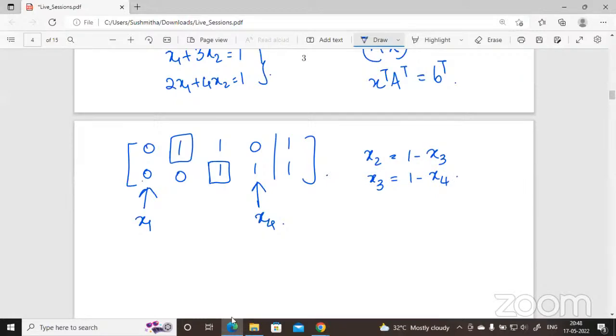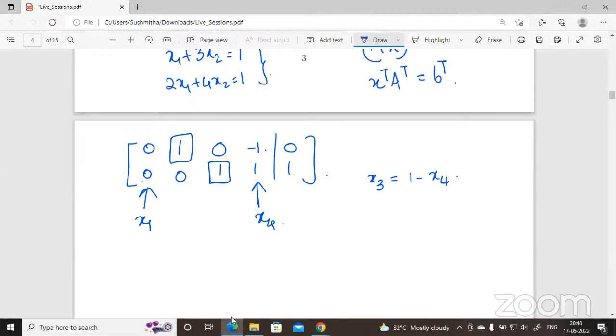This is not in reduced row echelon form. Okay, let's make this entry 0. We have done some calculation and this has become 0. The last column will also be 0 in the upper part. This will be 1 or minus 1, something. Yeah, minus 1. The fourth one.